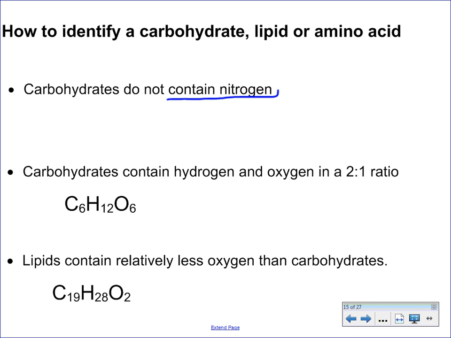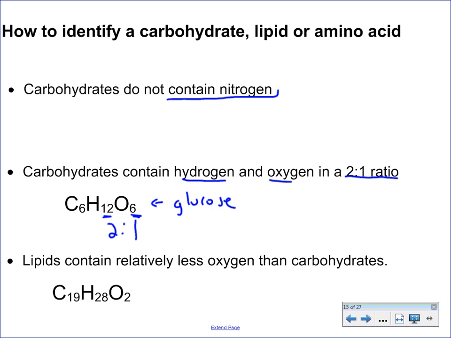And carbohydrates contain hydrogen and oxygen in that 2-to-1 ratio. So if you look at the molecular formula for glucose, you'll see that hydrogen and oxygen exist in that 2-to-1 ratio.